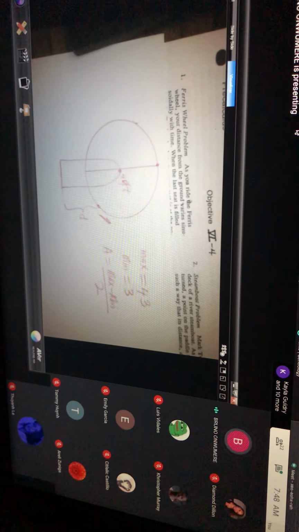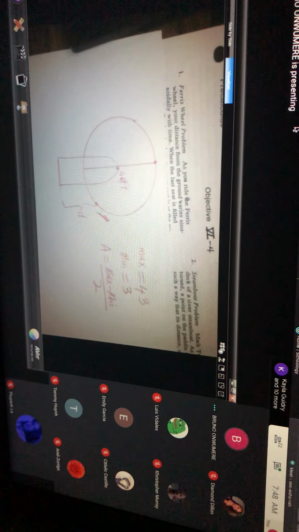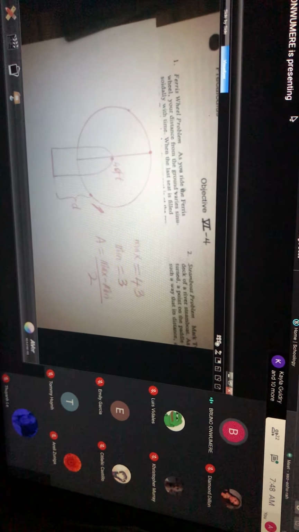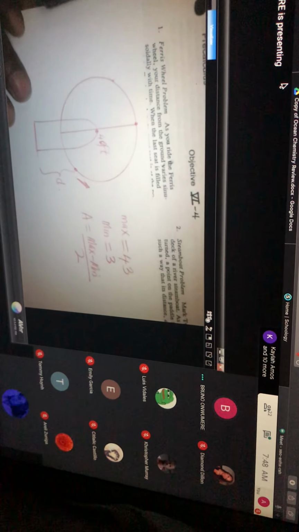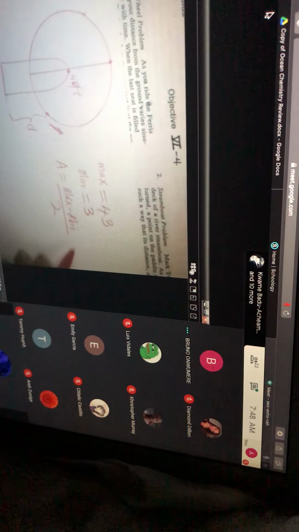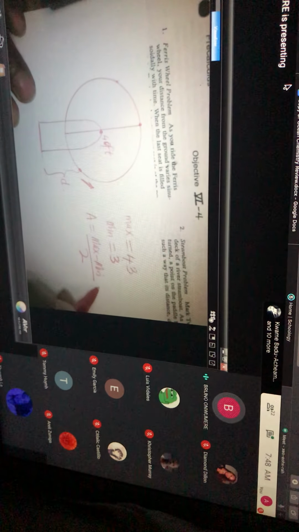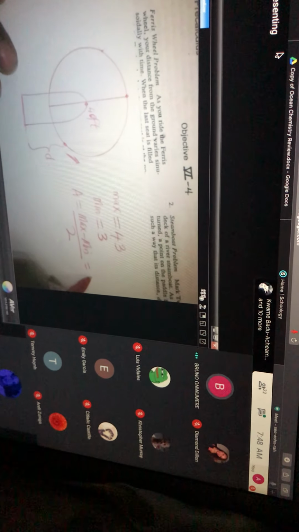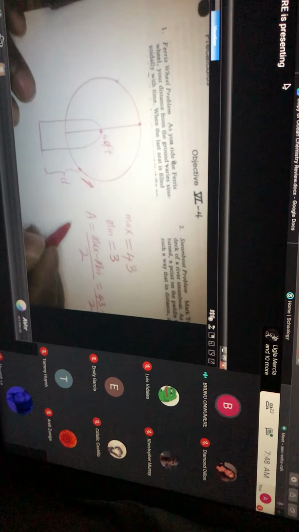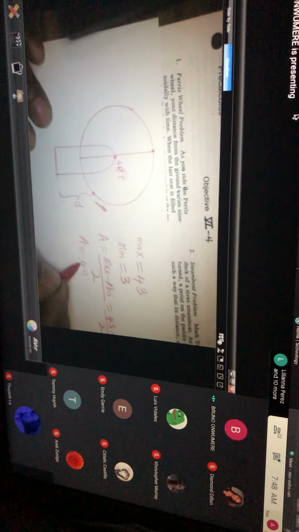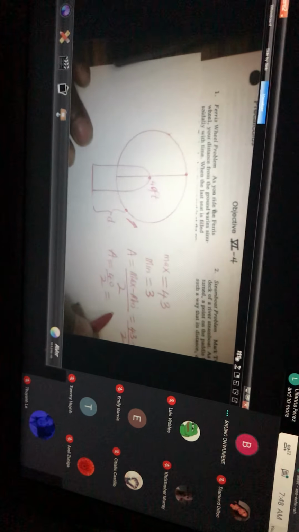We are getting information to write this equation and graph it. From there, we can use the equation and the graph to answer all the questions they're asking us. Right now, what do I do? The max is 43. The min is 3. The A will be 40 divided by 2, which is 20.